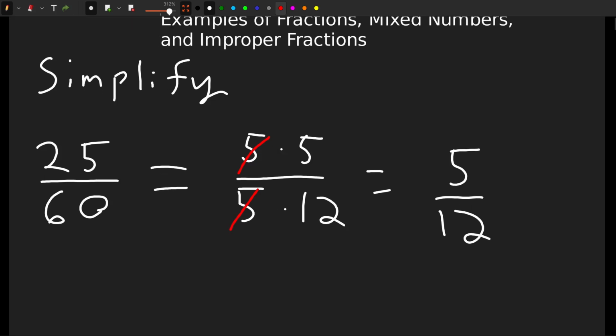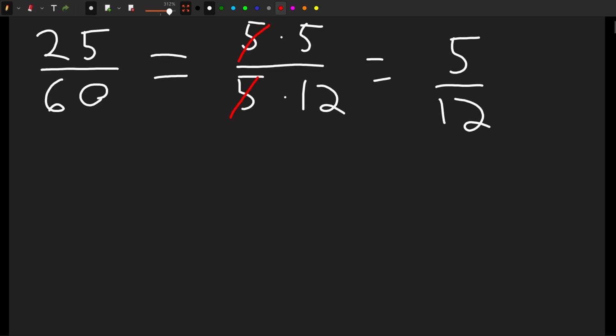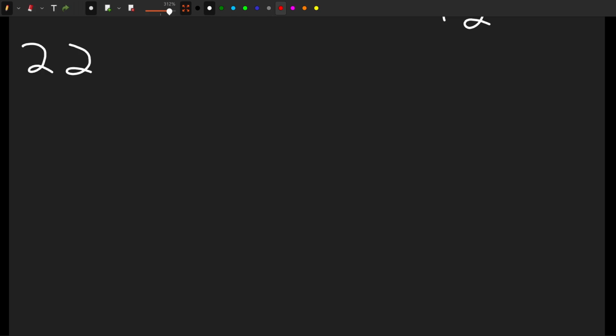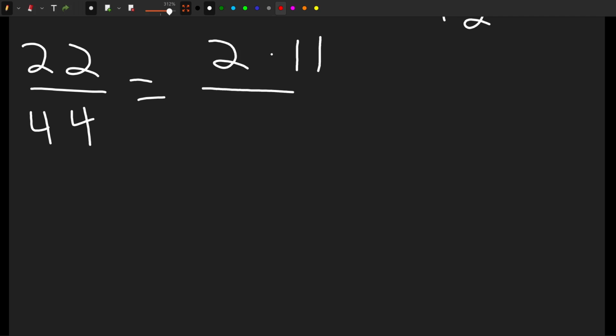Now, the next problem we'll be working on is 22 over 44. Okay, and so to simplify this one, we'll do the same thing. We're going to look at our numerator, which is 22, and we can write it as 2 times 11.